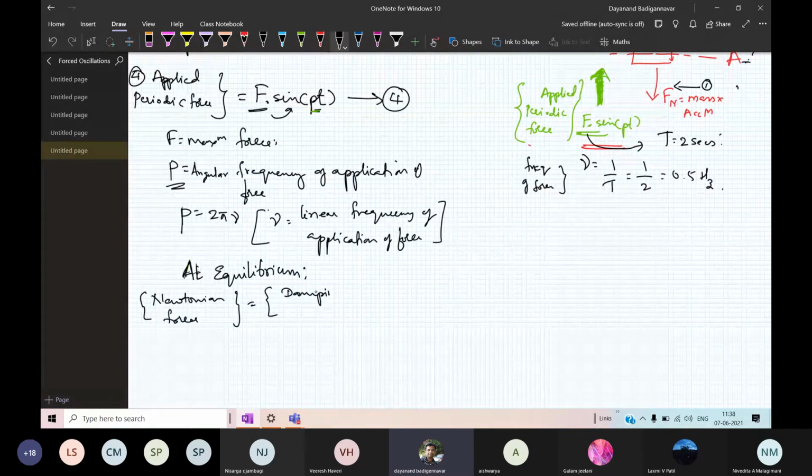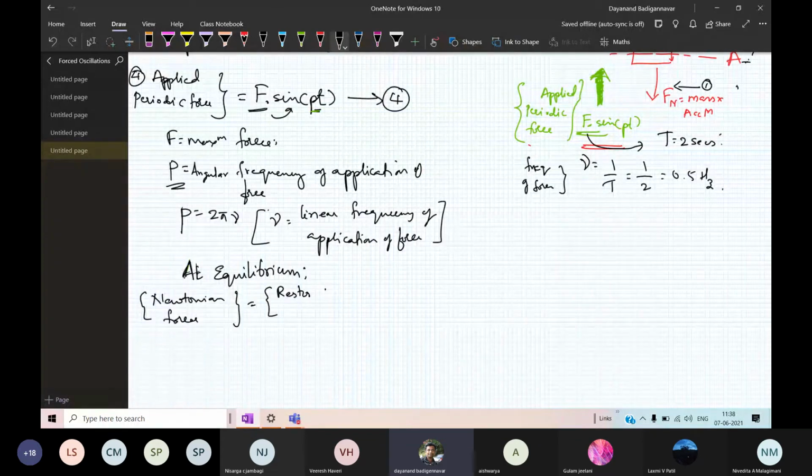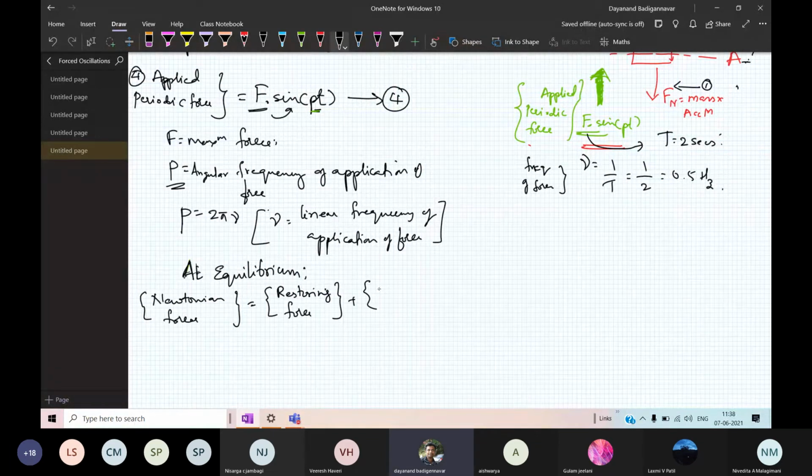First I'll write the restoring force, then comes the damping. Same thing as we have done in the last part: the restoring force plus the damping, or frictional force, plus the new one that I have introduced, the applied periodic force.